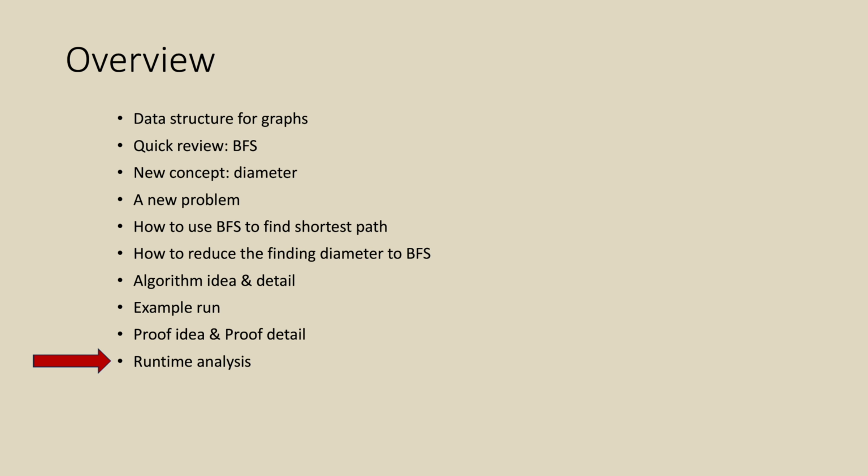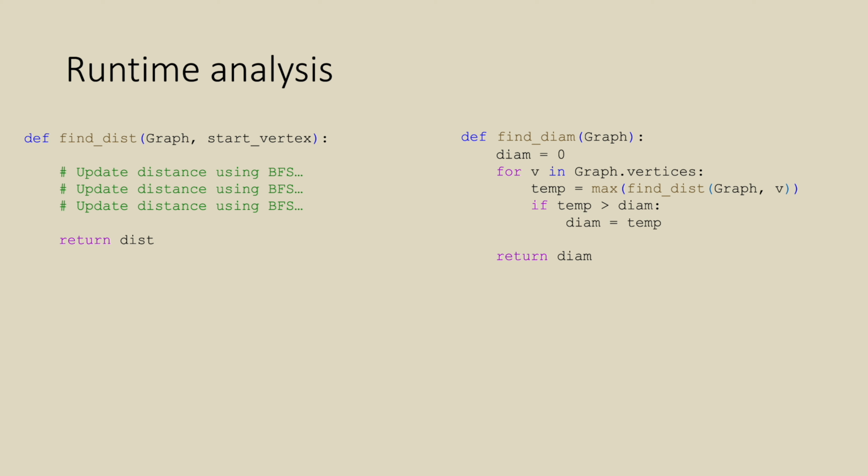Now let's take a look at the runtime of our algorithm. We first look at find dist. Earlier, I mentioned that the function find dist can be implemented in big O of v plus e time. So the total runtime of find dist is just big O of v plus e.